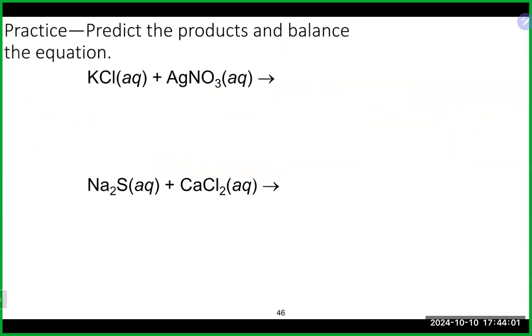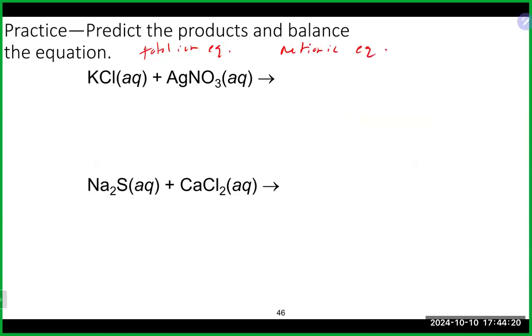All right, so I think we left off with this example. So for each of these, let's write the total ionic equation as well, and the net ionic equation.